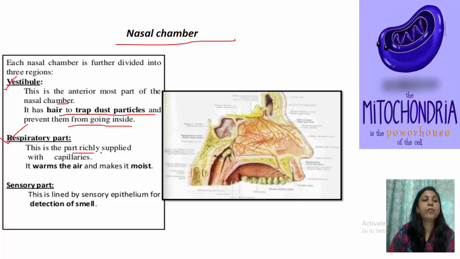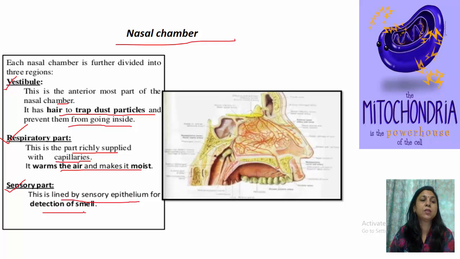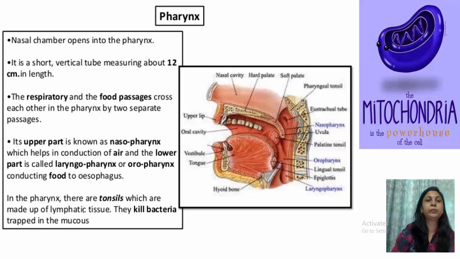This is the part richly supplied with capillaries. It warms the air and makes it moist. And the third region of the nasal chamber is the sensory part, which is lined by sensory epithelium for the detection of smell. We know the nose also helps us in smelling things. This is done by this sensory part.